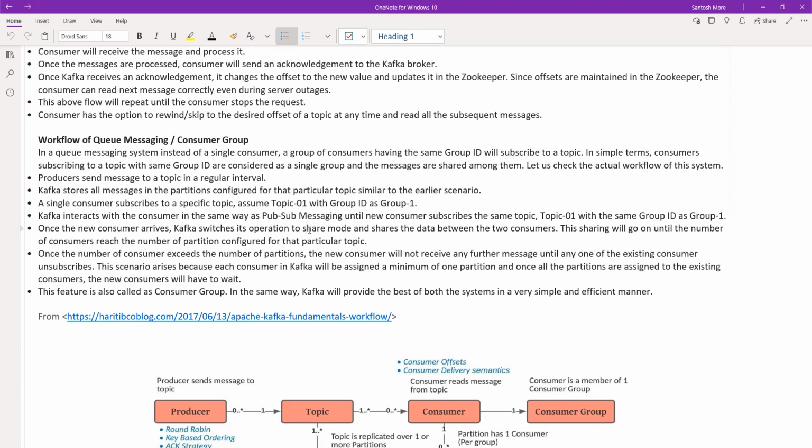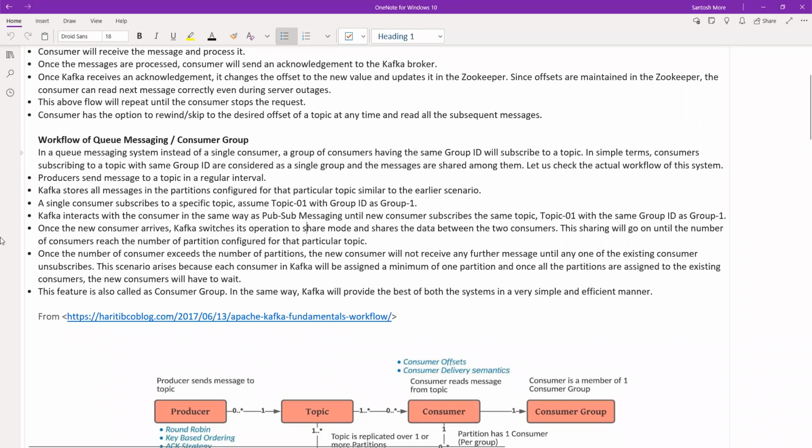But as soon as there are two consumers and two partitions, each consumer interacts with a separate partition. Then it appears to be a messaging queue, isn't it? In queue-based messaging, multiple consumers in the same consumer group do not share a particular partition. That is why this workflow is referred to as queue messaging.